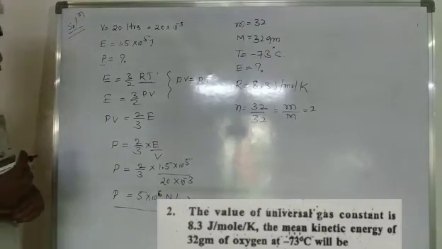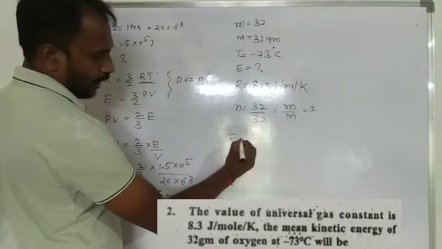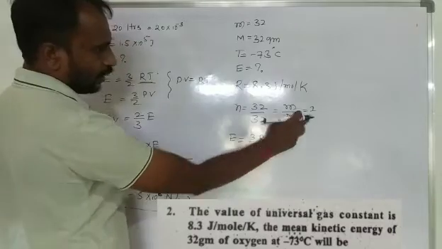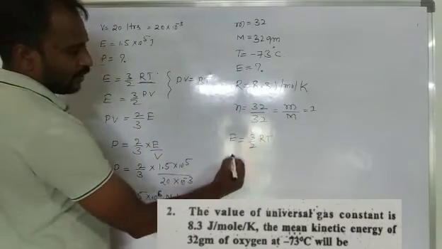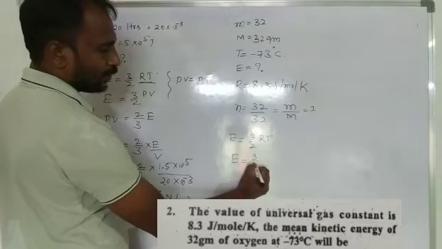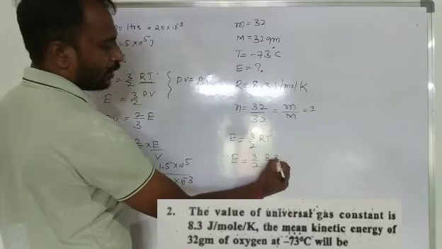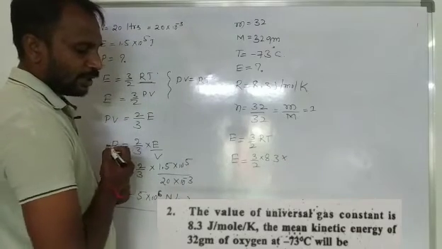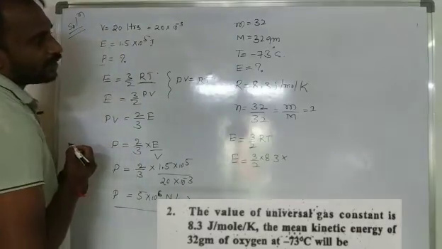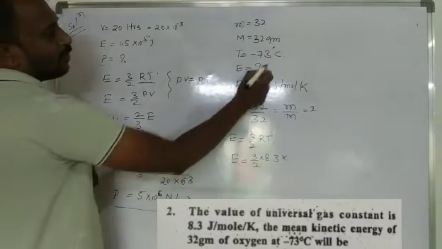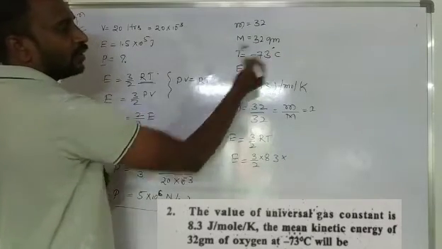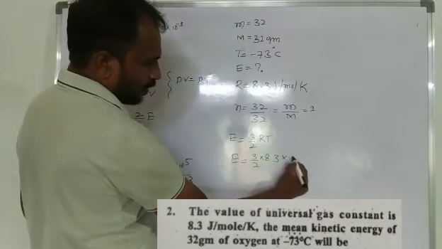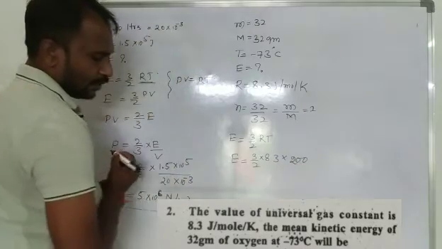Next, energy is equal to 3 by 2 nRT, and the n value is 1. So energy E is equal to 3 by 2 into R value 8.3 into T. The temperature is given as minus 73 degrees Celsius, converted to Kelvin, it is 200.